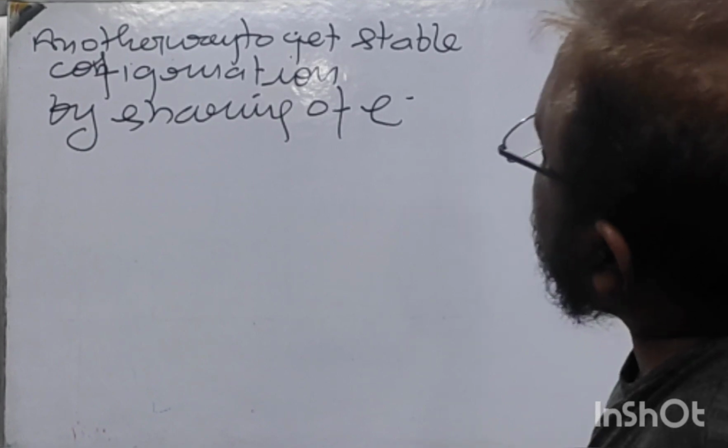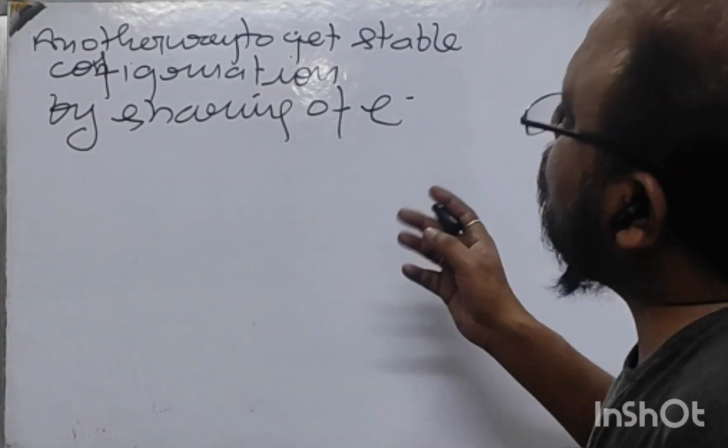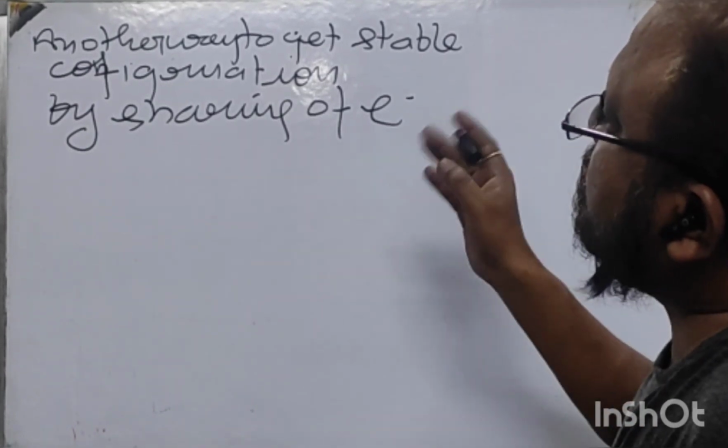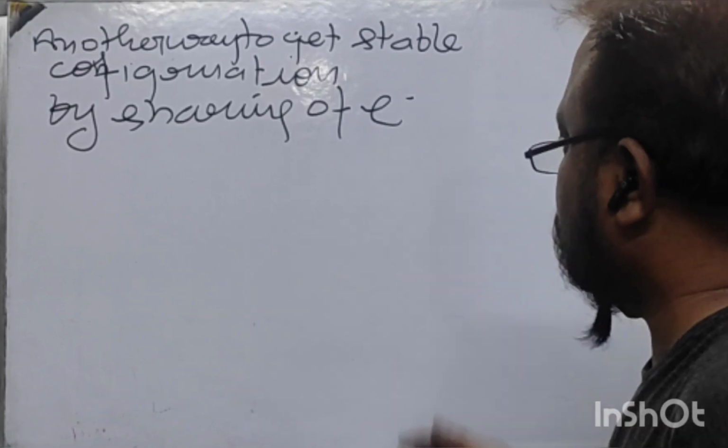So no one is giving to anyone, no electron is exchanged, they just share between each other, right?